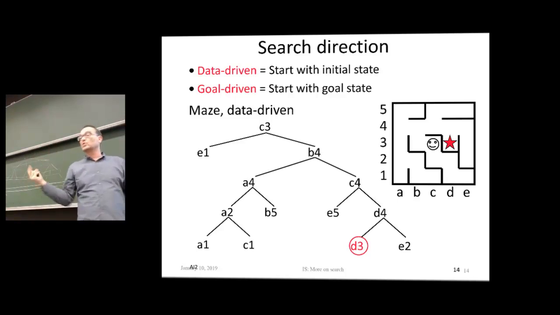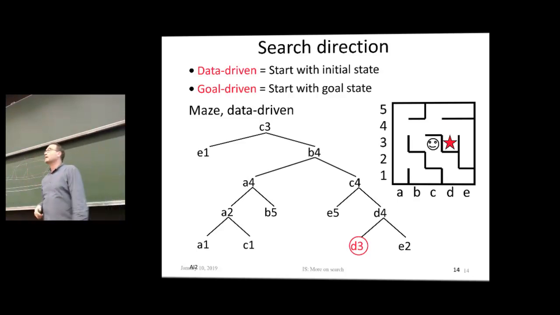So I start with the goal, and I try to find my search back to the initial state. So if you have this maze, and you are here, that's me, happy. And now the question is, how do I get to the star? I have the way of doing it data-driven, so I start from the position where I am, and then this is an abbreviation for following this line going to E1.